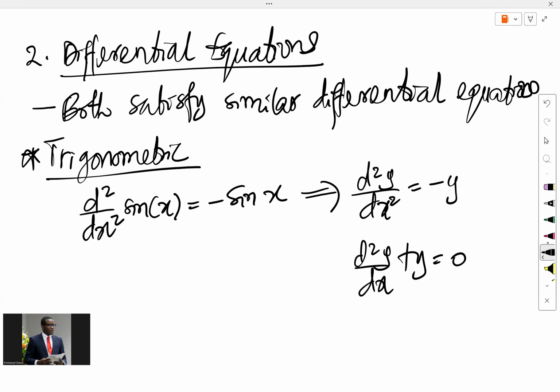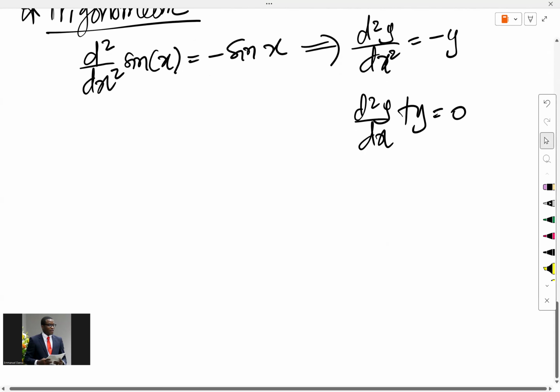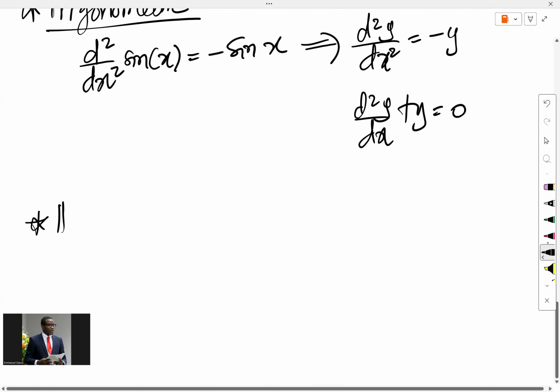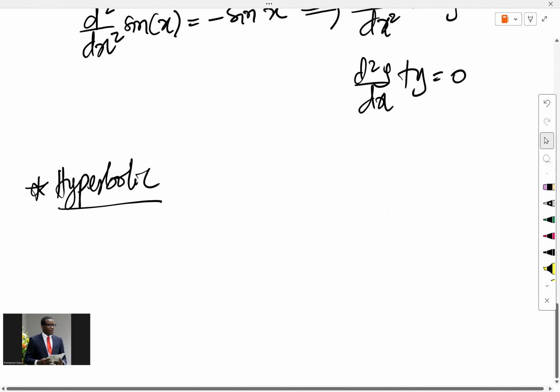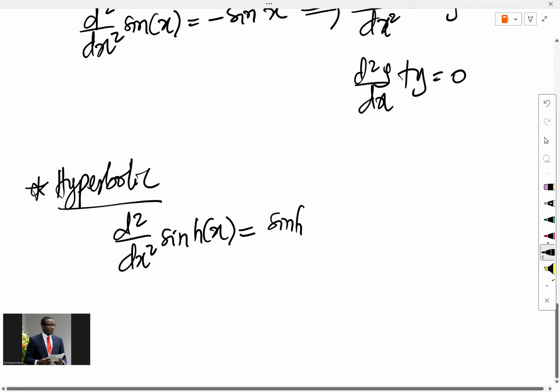Then, of course, for hyperbolic functions, you have something a bit close to that. Imagine when you have the second derivative, d squared over dx squared of sinh x. When you differentiate sinh x, you get cosh x. When you differentiate cosh x, you get sinh x back. So you have sinh x as the second derivative of sinh x.